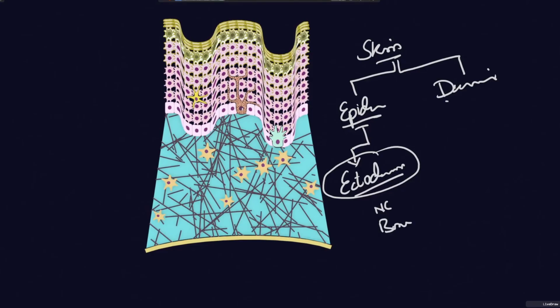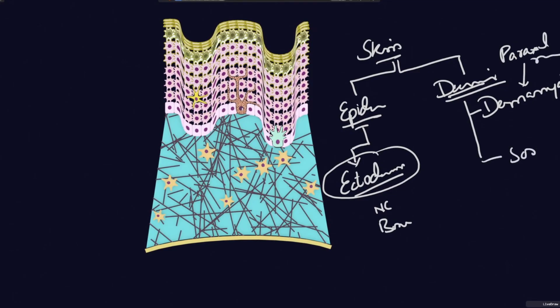And if we talk about dermis, it develops from the mesoderm. Which mesoderm? It is either the dermomyotome from paraxial mesoderm, or the somatopleuric mesoderm from lateral plate mesoderm.